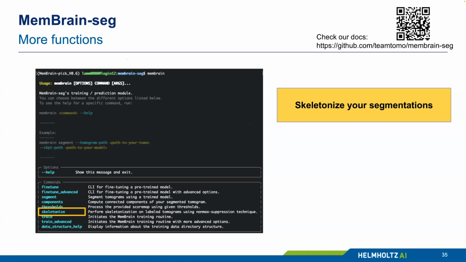And now, as another functionality, what might be interesting is the skeletonization function. Because sometimes if you want to do some downstream analysis with these segmentations, then often the format that is required is not the full volumetric segmentations, but often the packages require some skeletonized segmentations. So really just these one voxel thick sheets. And that is what this membrane skeletonized function basically does.